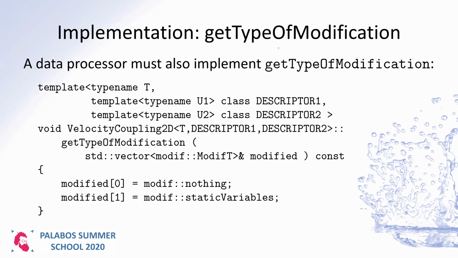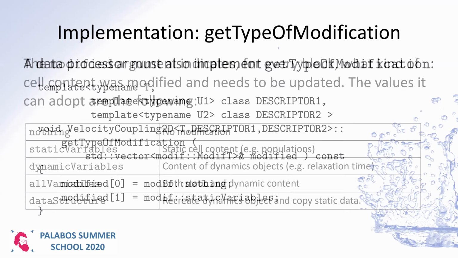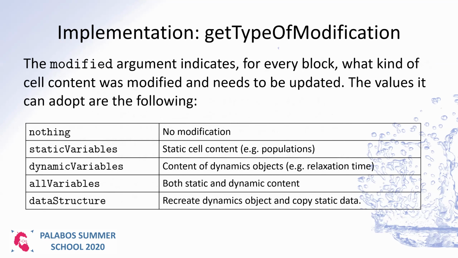I'm going to tell you exactly which constants you can use in this context and what meaning they have. So when you implement getTypeOfModification, you're going to indicate for every one of the lattices which are provided as an argument. In this case, there are two. There is the fluid and the advection diffusion.